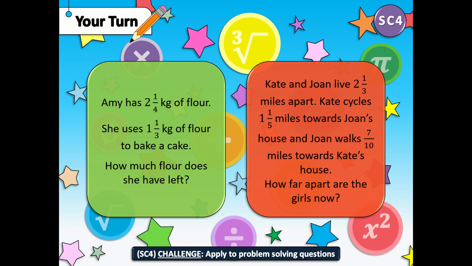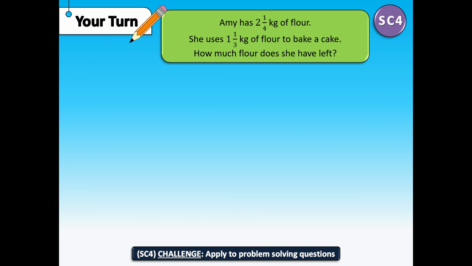Here's two questions for you to have a go at. Pause the video, and when you're ready to see what you should have done, press play. Here are your answers. So for the green question, we need to do 2 1/4, take away 1 1/3.